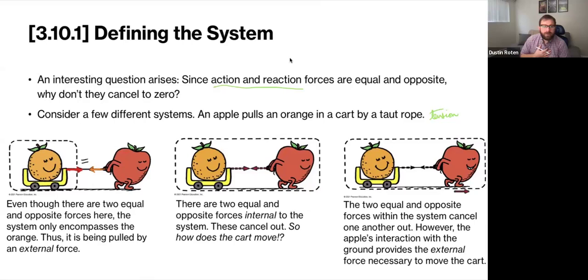Even though there are two equal and opposite forces here in this first one, the system that we picked, we get to pick it. We can pick whatever we want to. So here we just picked this system, just the orange in the cart. The system only encompasses the orange, thus it is being pulled by an external force.